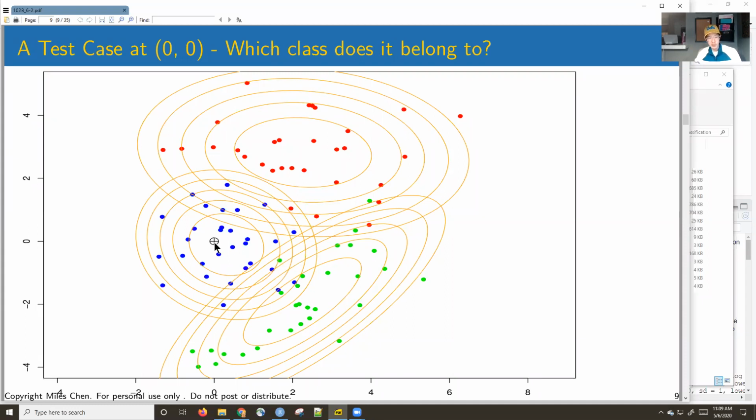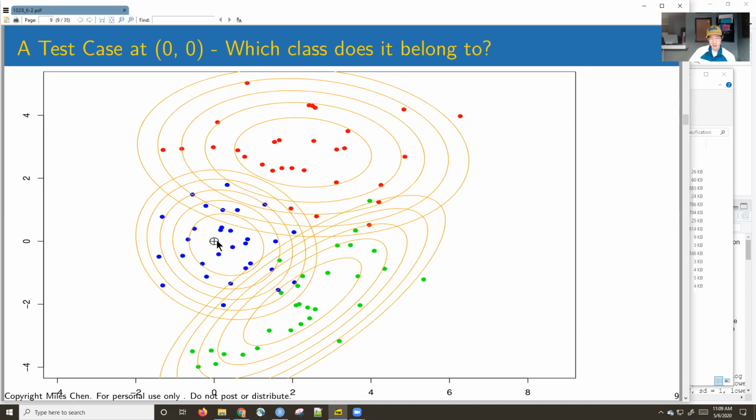This is going to be my test case. I'm going to put it at 0, 0, right? And just looking at this, if you saw a dot here, I think we would all agree that this dot belongs to the blue class. It looks very clearly that it belongs to the blue class. But if I told you it didn't belong to the blue class, then the next most likely would probably be red.